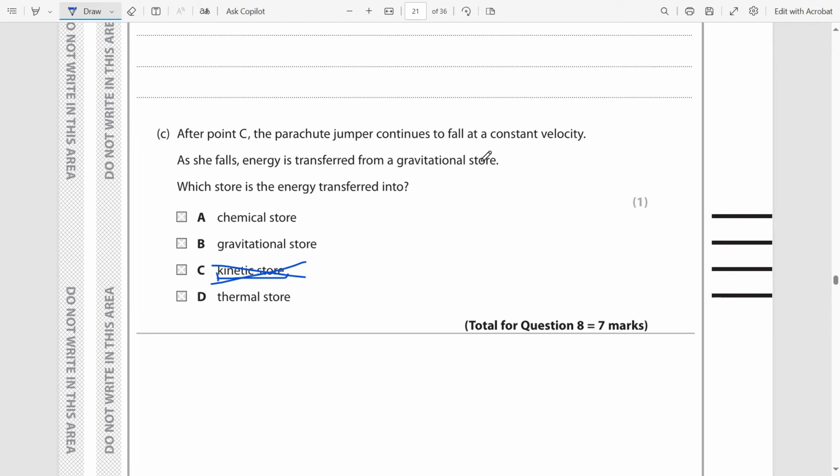But because the jumper is at constant velocity, she cannot be getting this converted into kinetic energy store. So it will be going into her thermal energy store.